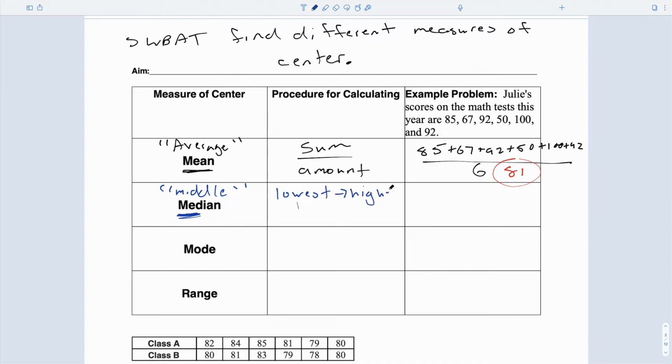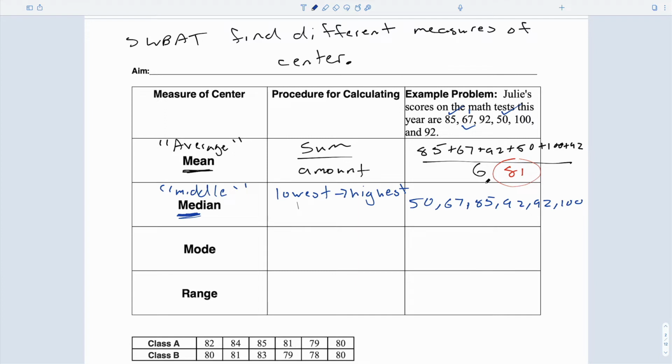With the mean, we didn't pay attention to that; with the median, you have to pay attention to the actual number value. The lowest number is 50. Check it off. Then 67. Check it off. Then 85, 92, 92, and 100.